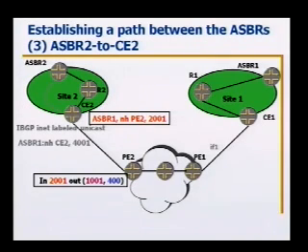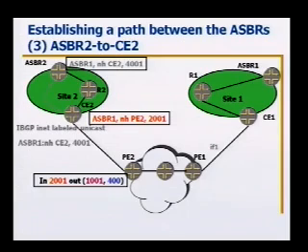What's the purpose of this label? When CE2 receives traffic marked with label 4001, CE2 must know that this traffic is actually destined for ASBR1. As a result of the IBGP exchange, on ASBR2 we now have a route entry for ASBR1 with next hop CE2 and the label 4001.